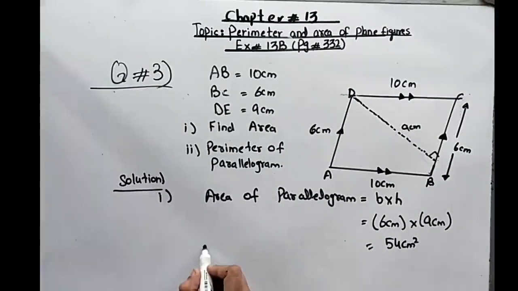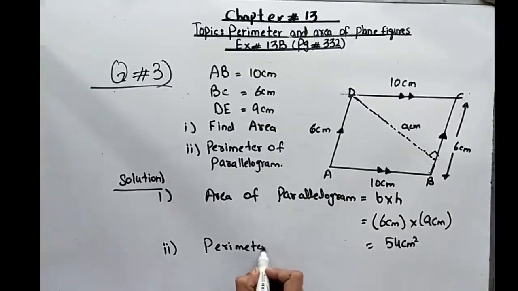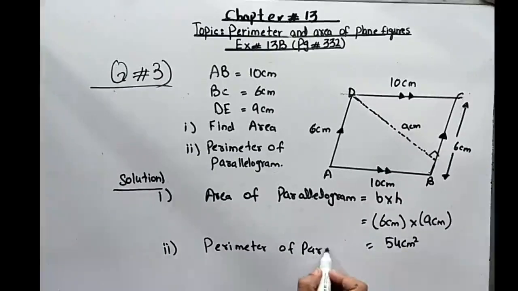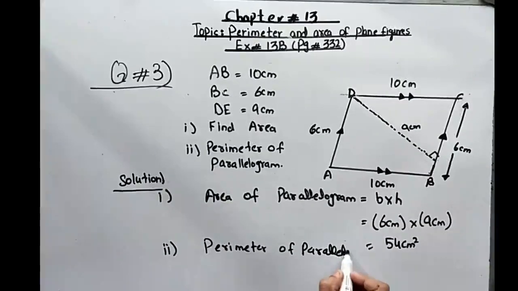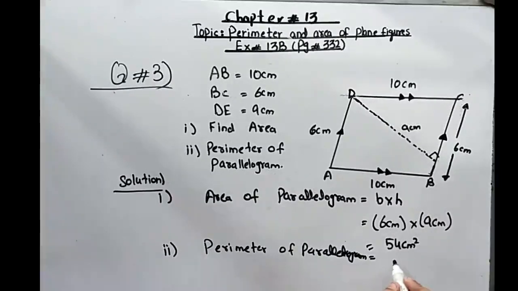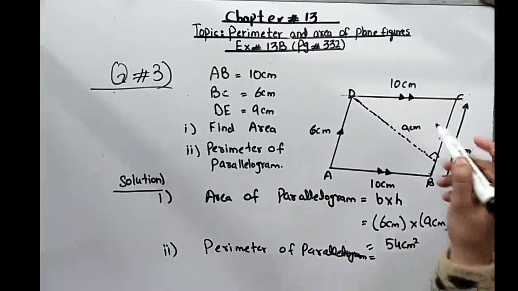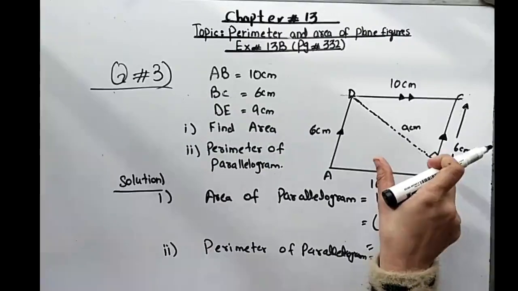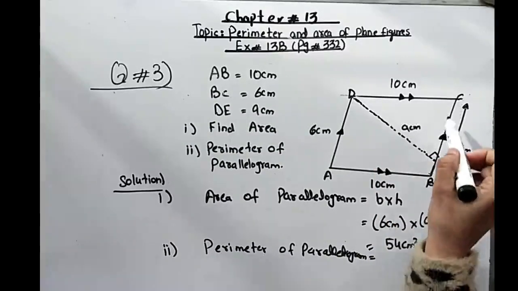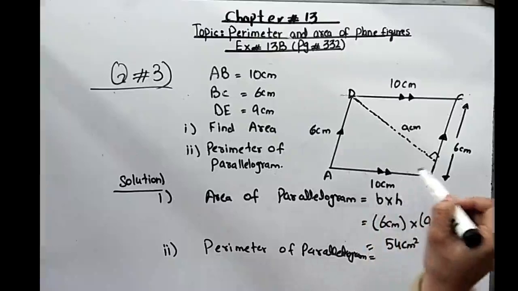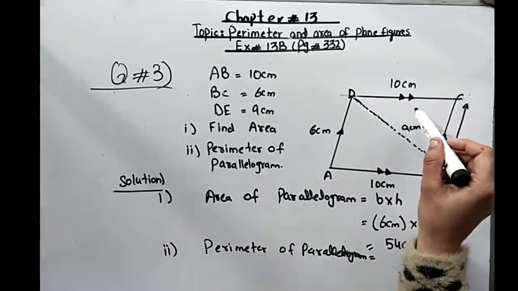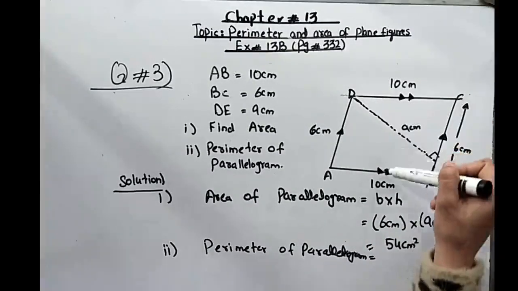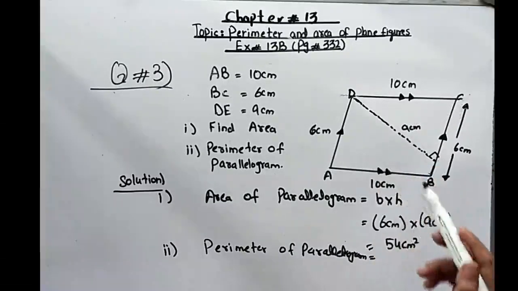Now the perimeter, in the second part, the perimeter of the parallelogram is equal to, write down first the perimeter. Perimeter means we will add all the outer sides. So how many parallel sides are there? These two sides are parallel to each other and these two sides are parallel to each other.